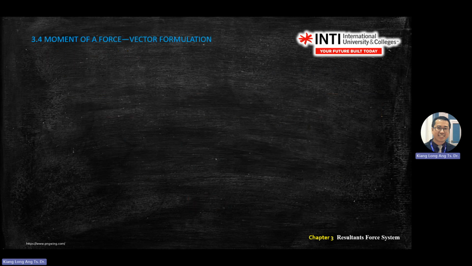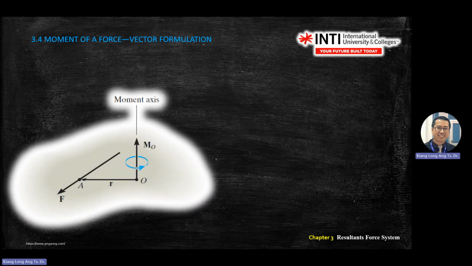Then we go into the application of cross products. What is moment? Moment, because you are taking force multiplied by displacement. So two vectors here, R vector and F vector.